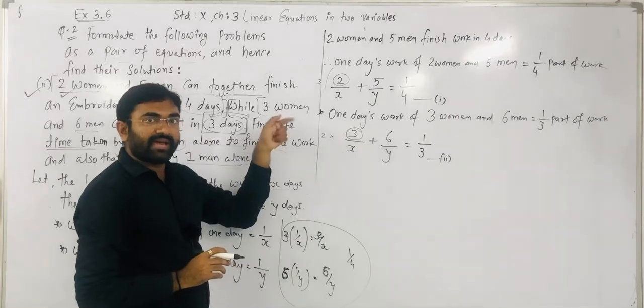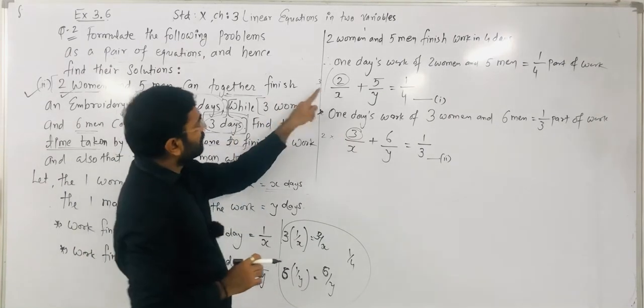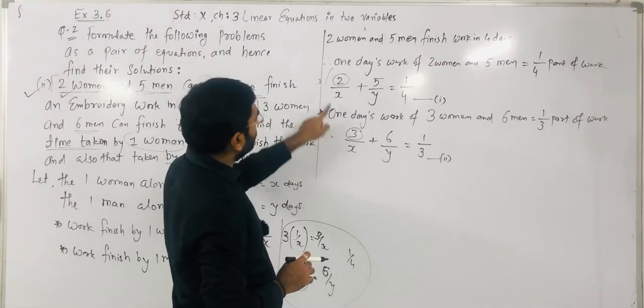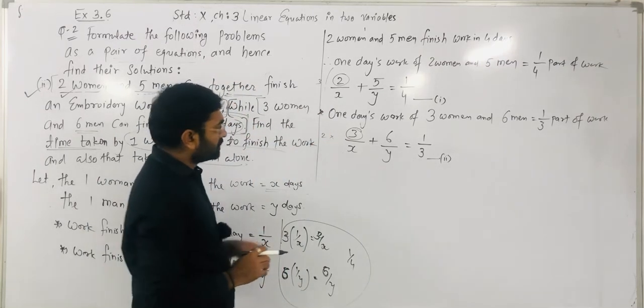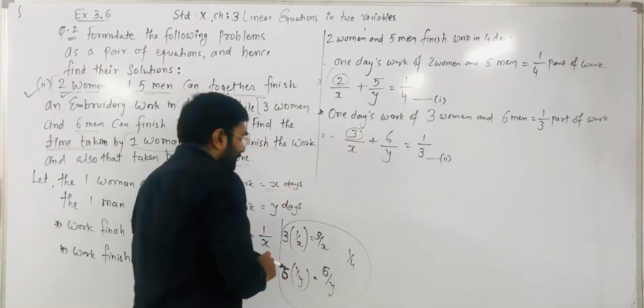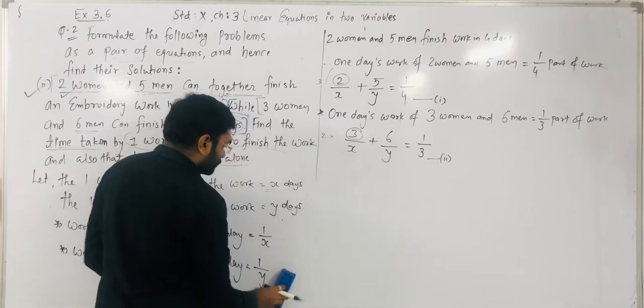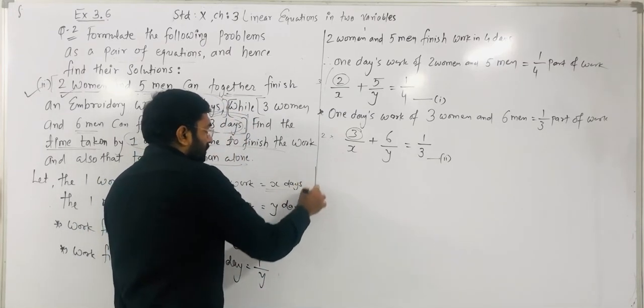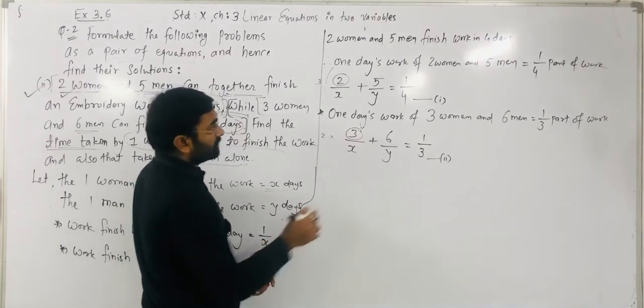So we can say the 1 by x coefficient becomes equal. Then both signs are the same, so what we have to do? We have to subtract the equations. Okay. Right now we are applying the elimination method because in the first question we applied the substitution method. Otherwise you can solve it another way also.